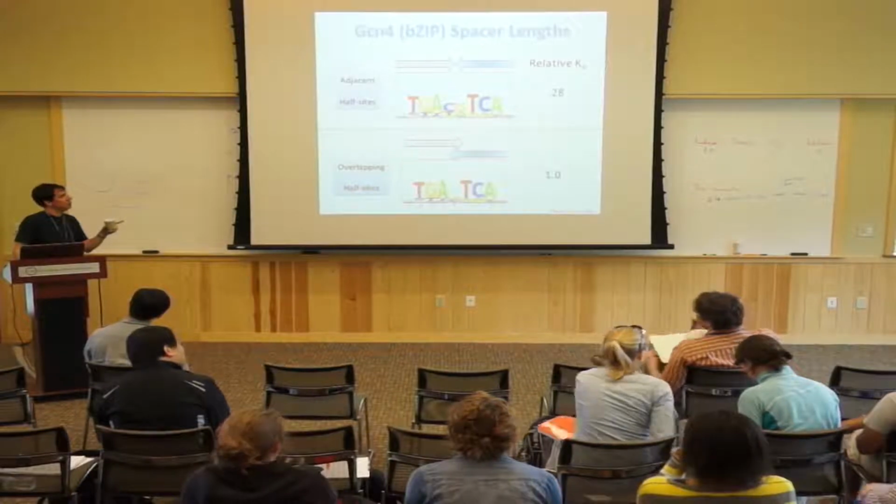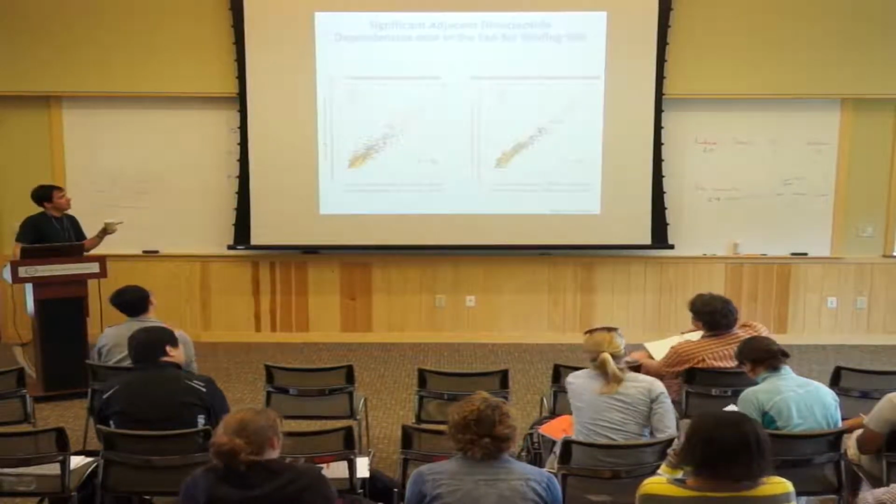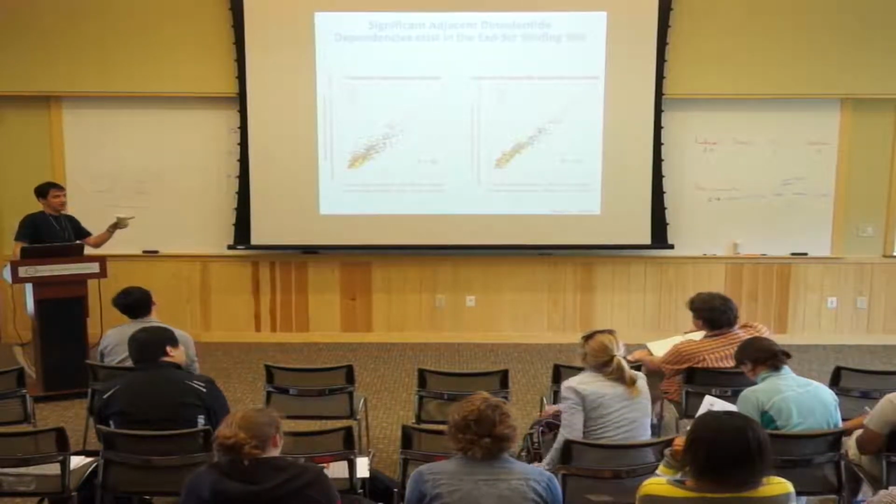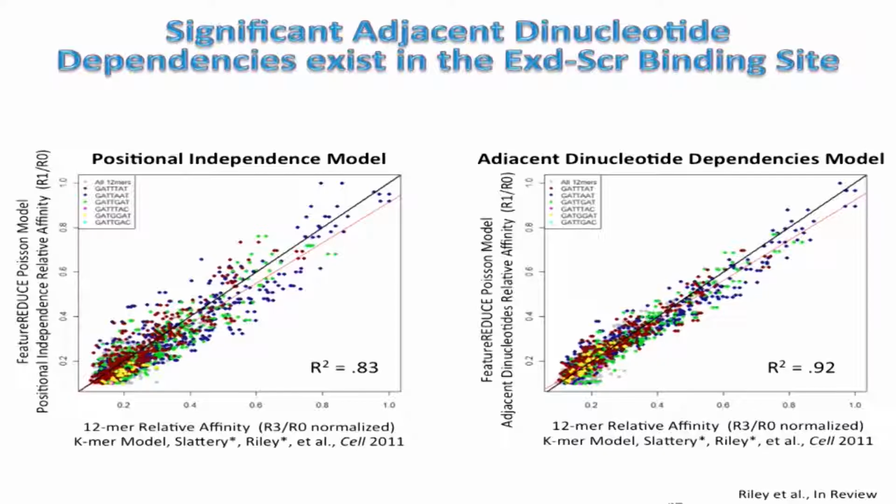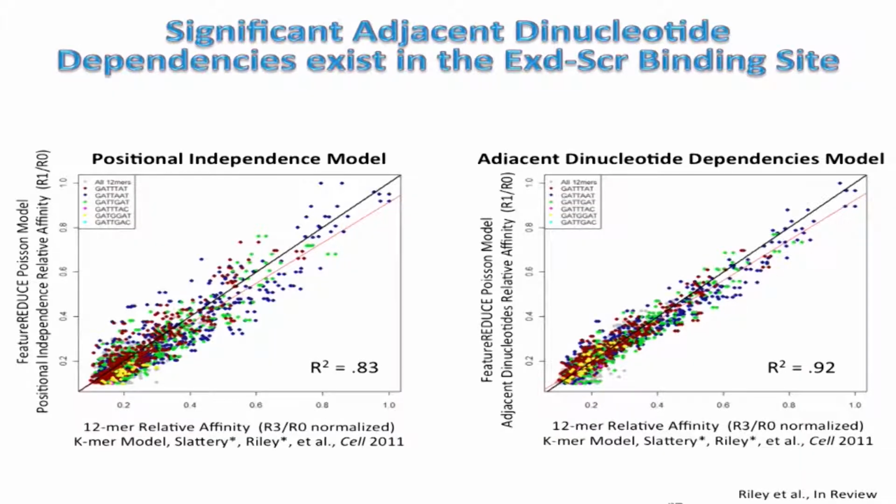Now, this analysis is using SELEX-seq data. Did you do this method comparing SCR by itself and SCR with Extradenticle? And was it able to pull out the difference between those two modes?